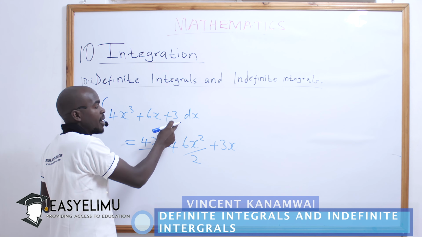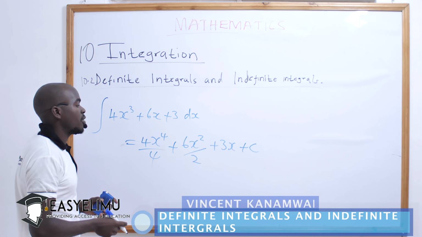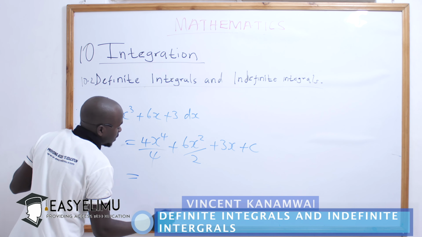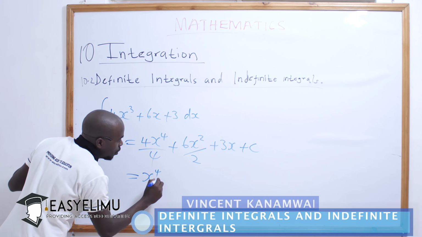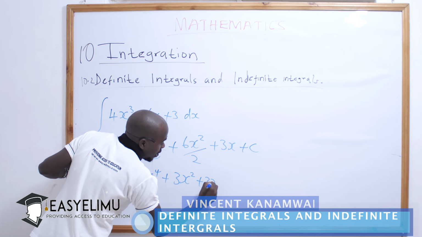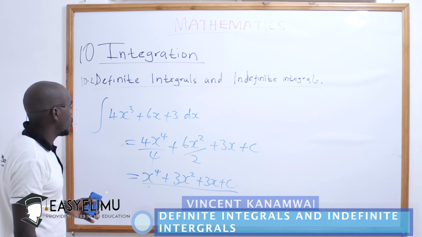But remember, after integrating, we have a constant of integration. So you put that constant, and after simplifying you get x raised to 4 plus 3x squared plus 3x plus c. So that's the integration of this indefinite integral.